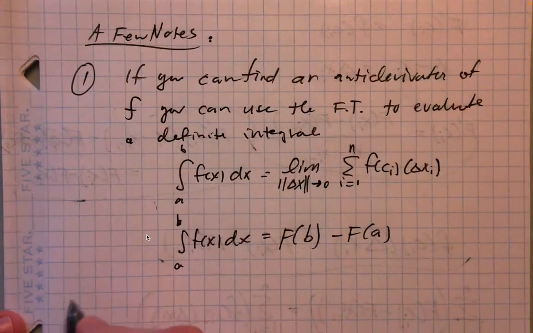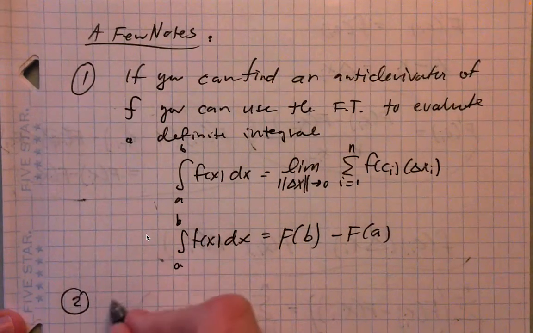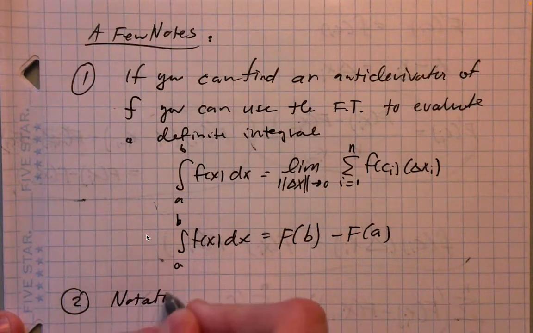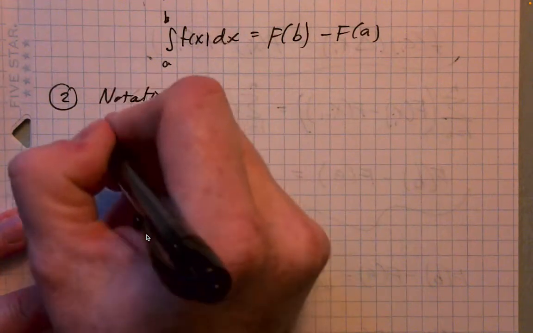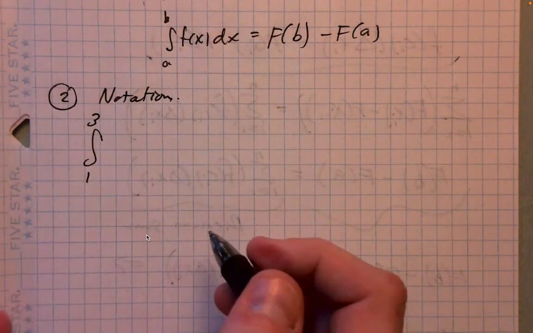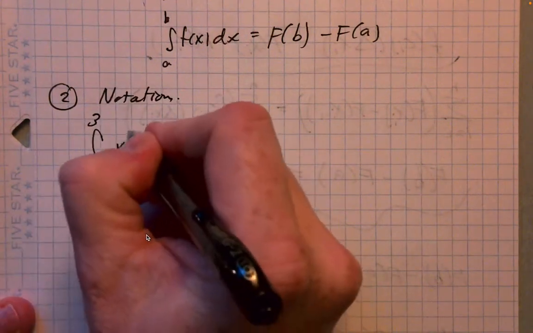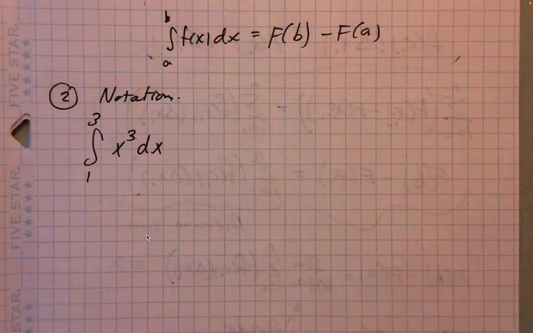Right? So let's see an example, and this will be the second issue, the notational issue. So how do we notate this as we're doing it? So let's do a simple example. So say we want to evaluate the integral from 1 to 3 of x cubed dx.